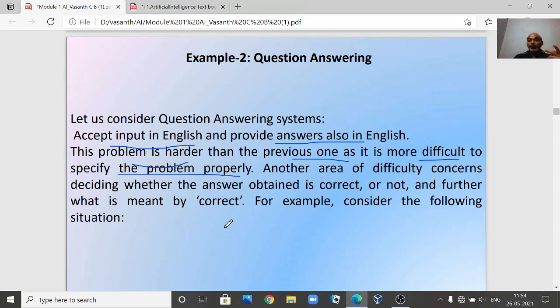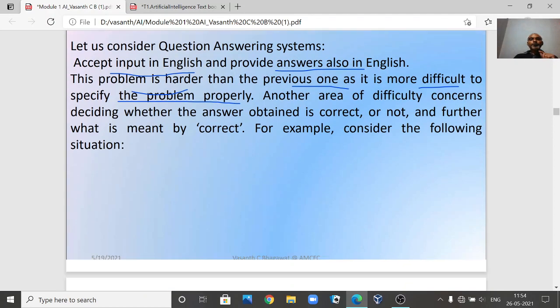So it might be correct, sometimes it may not be, depending upon what type of paragraph you have. If the paragraph is very simple, it is easy. We read the question, get one or two words, and search for them in the paragraph. But if the questions are twisted, indirect questions, then you cannot find the answer easily. For that you have to read the paragraph first. So it is not an easy problem.